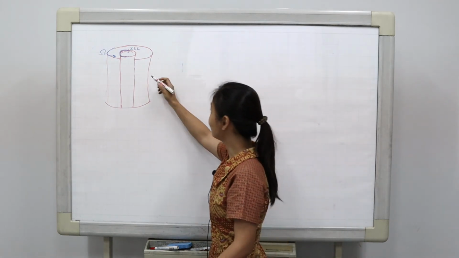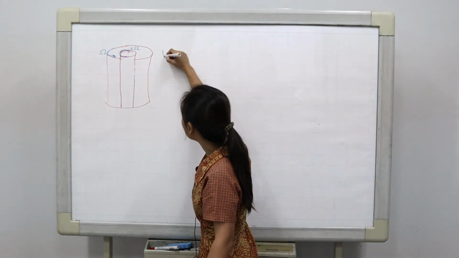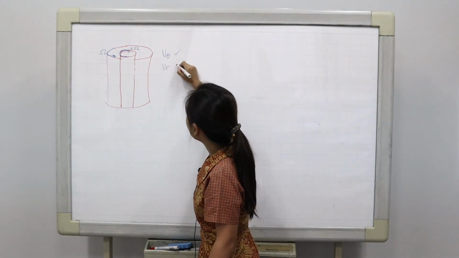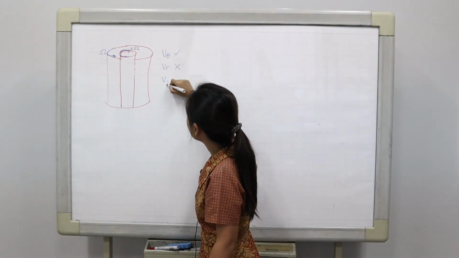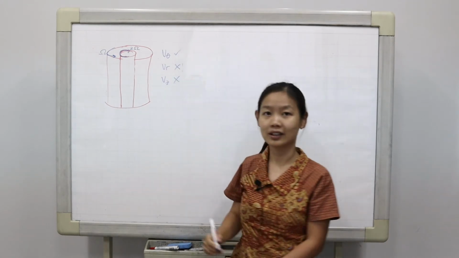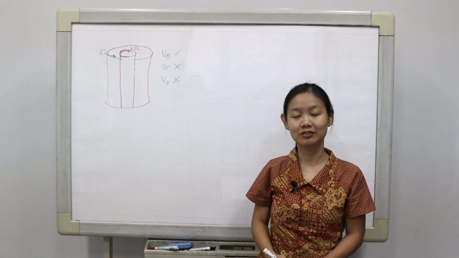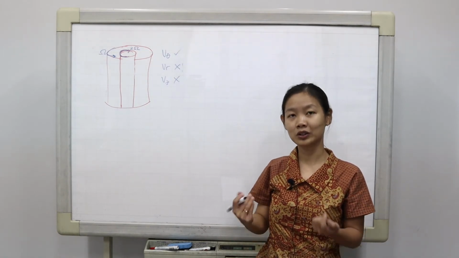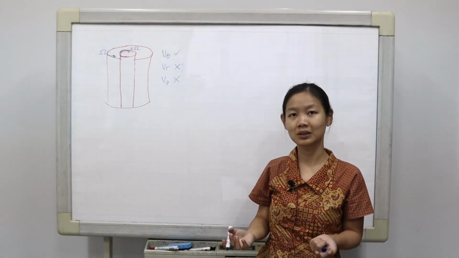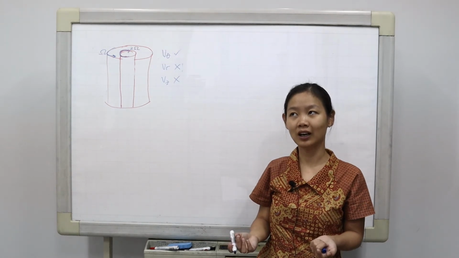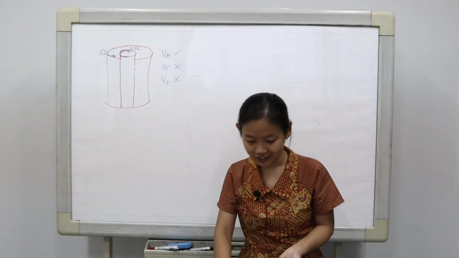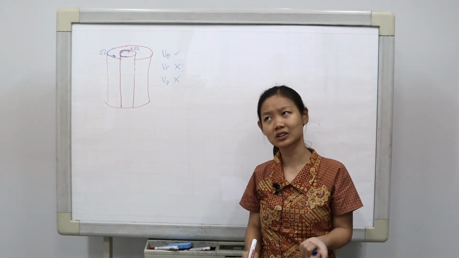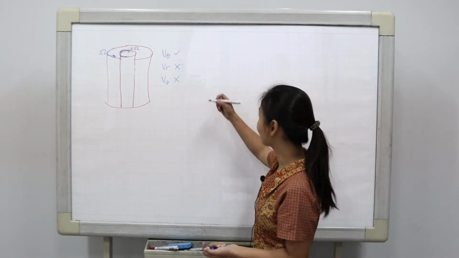In this condition, we have only v theta; v r we don't have, v z we don't have as well. When you look at the equations in Appendix B, is it B5 or B6? I think you should start from B6.